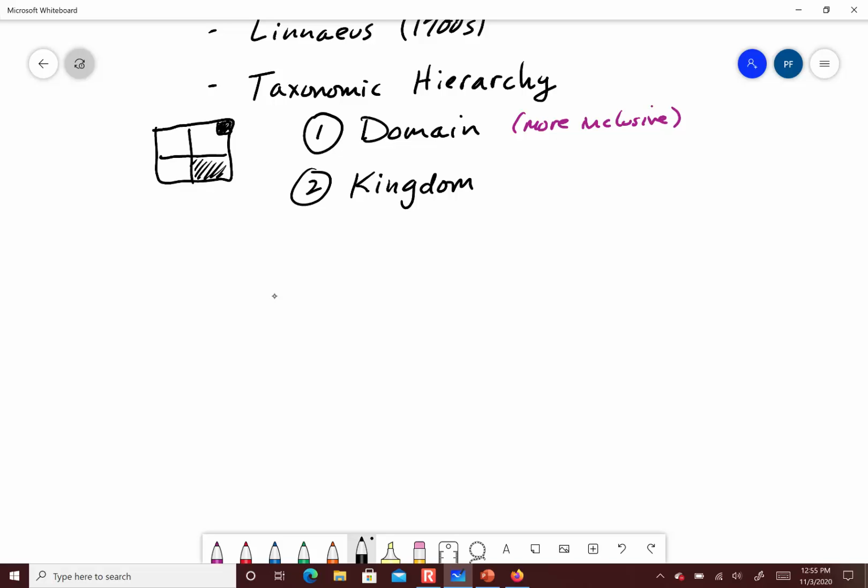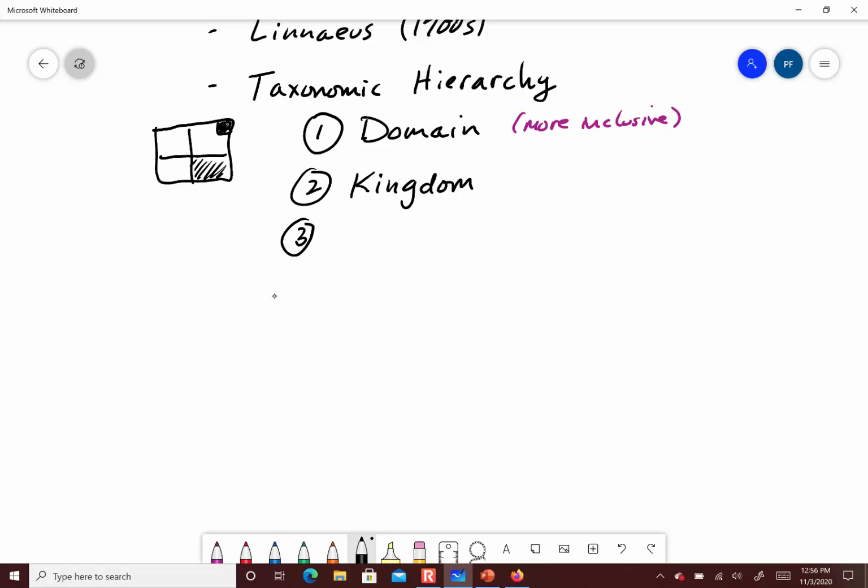So domain took the place of kingdom, and now with kingdom, there could still be those 4 or 5 like what I learned, or sometimes people take protists and put them into lots of different kingdoms. There could be 20 of these things. But the idea is there's more of them than there are domains.